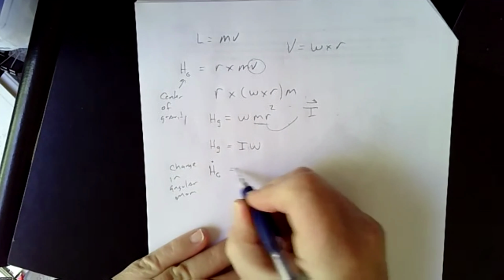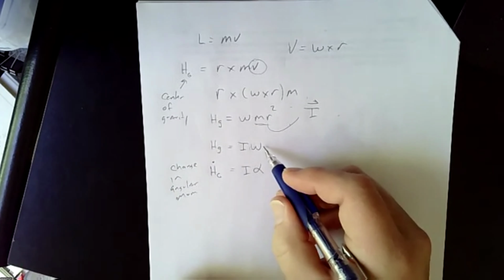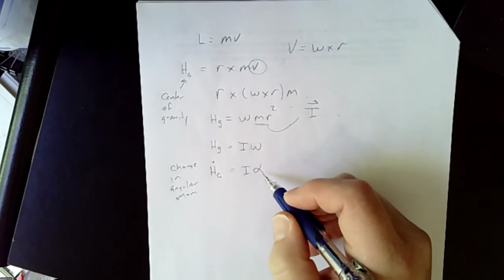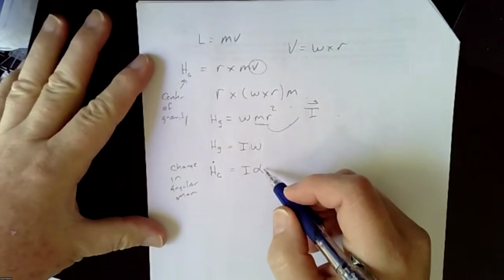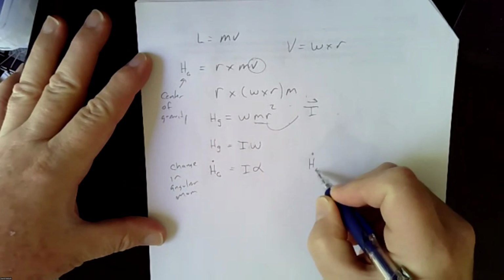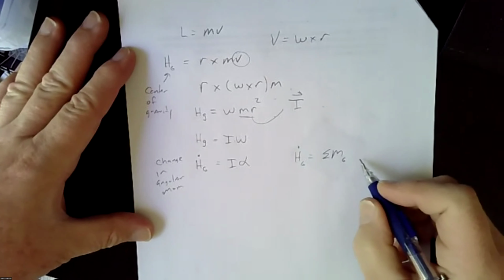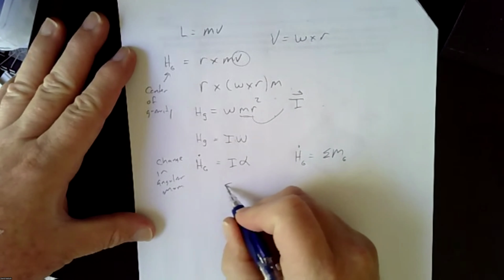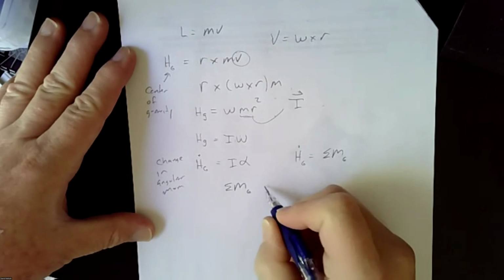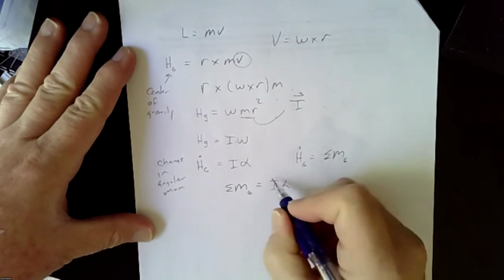Well, then that's going to equal I alpha, right? So there's radians per second squared. But remember that we already said that H dot G equaled the sum of the moments about G. So now what we can say is the sum of the moments about G equals I alpha. Okay.